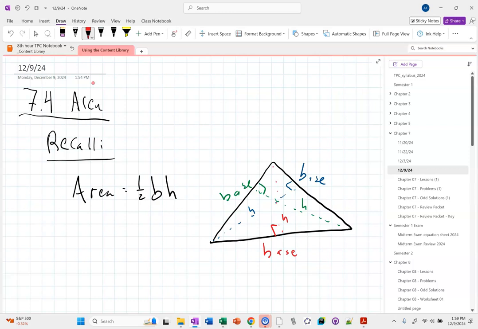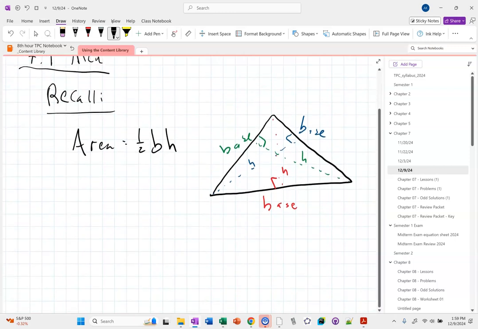It's actually a really difficult geometric problem to get the base or the height if you don't have a right triangle. Alternatively, we can use one of these two new formulas that we're going to give you instead.